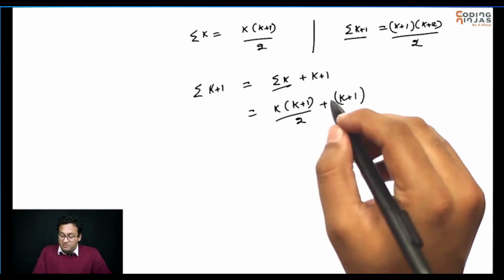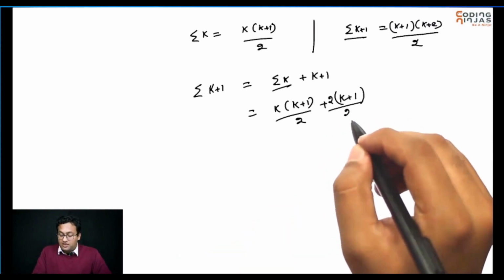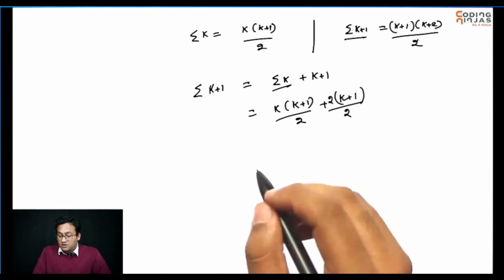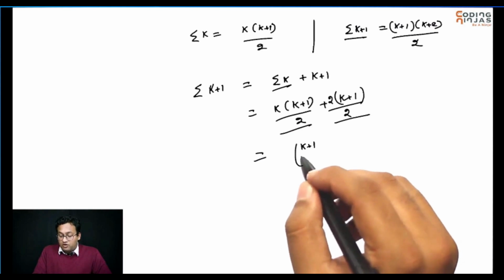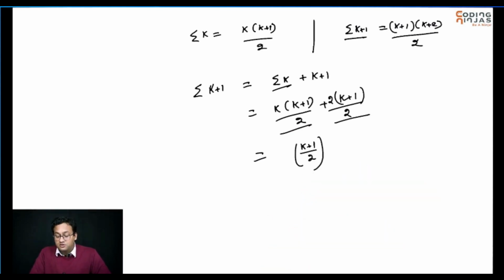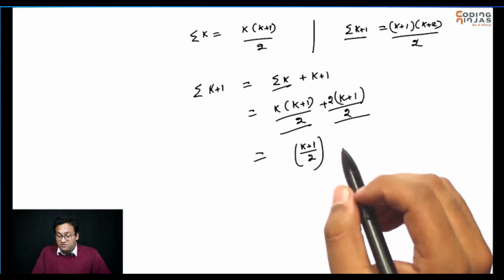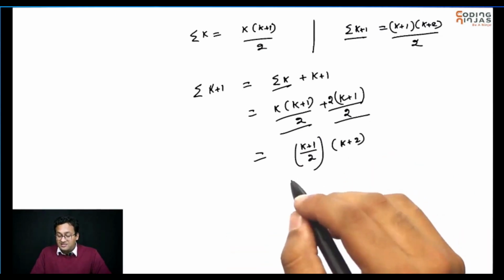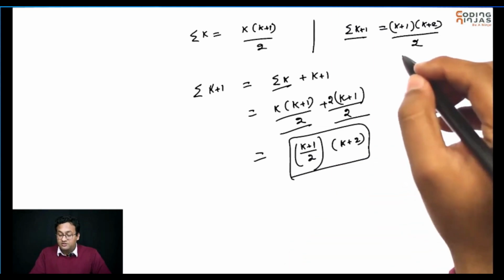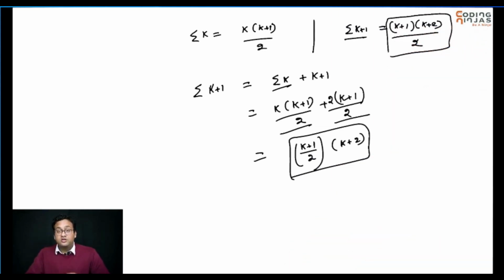Okay. So I'm going to multiply this with 2 and divide by 2. Now from both these you can take k plus 1 by 2 common. So this is k plus 1 by 2, this is k plus 1 by 2, so remaining is k plus 2. And that's exactly what you needed on your RHS. So LHS has become equal to RHS.